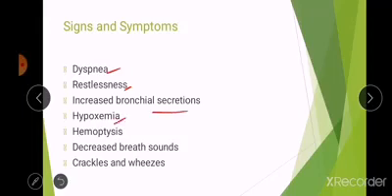Hypoxemia dahil wala ng ventilation na nangyayari. Hemoptysis, because some of the blood will accumulate into the bronchioles. Decreased breath sound because of the decreased airflow rates. Crackles and wheezes. Crackles because of the accumulation of fluid, and wheezes because of the narrowed airway.